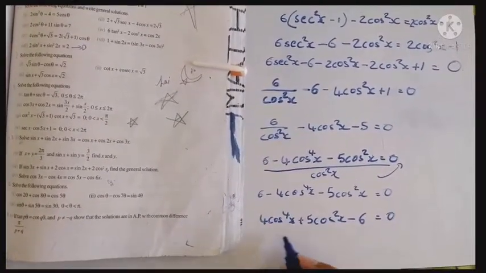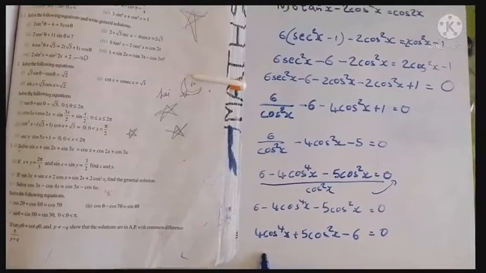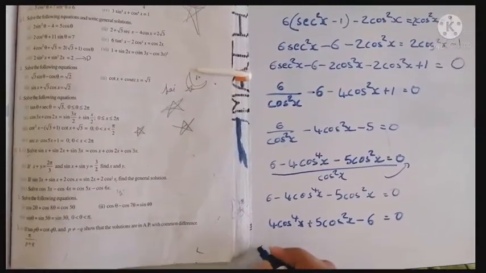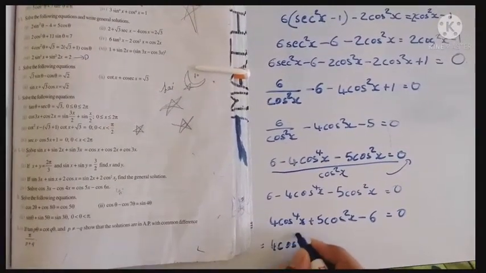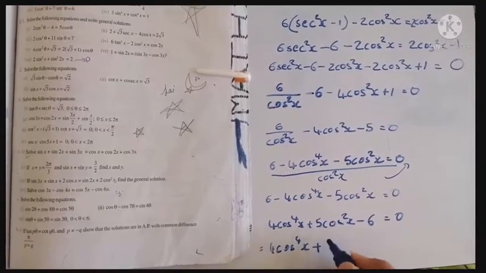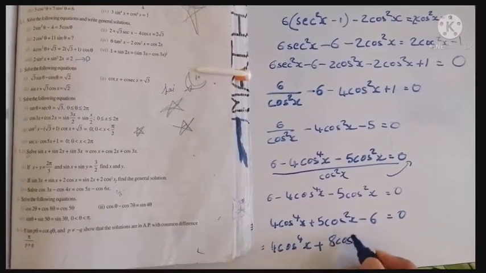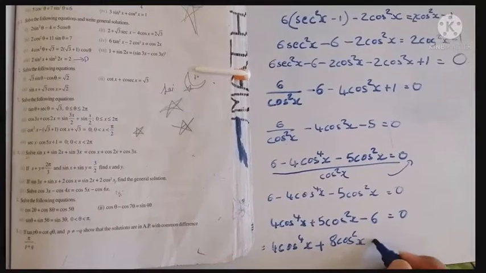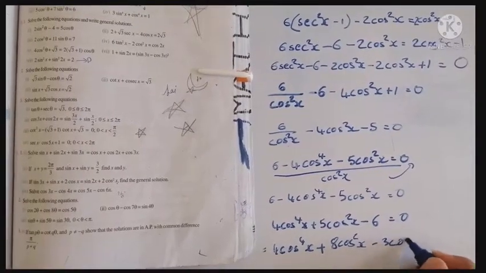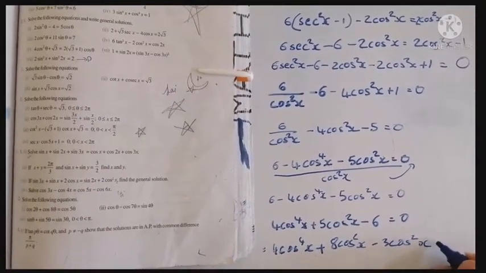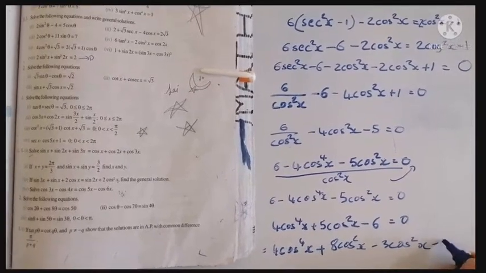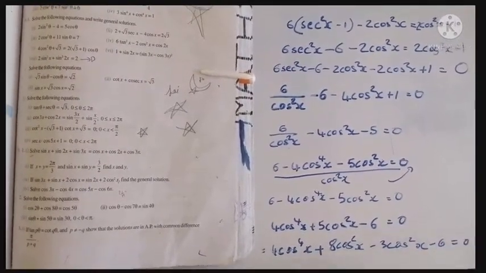Now we can see this is the quadratic form. So now we can write 4 cos power 4x plus 8 cos square x minus 3 cos square x minus 6 is equal to 0.